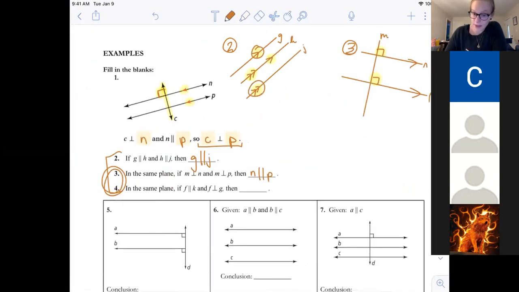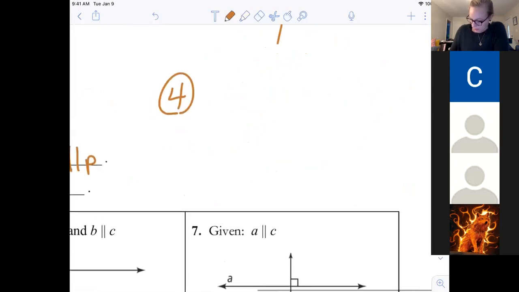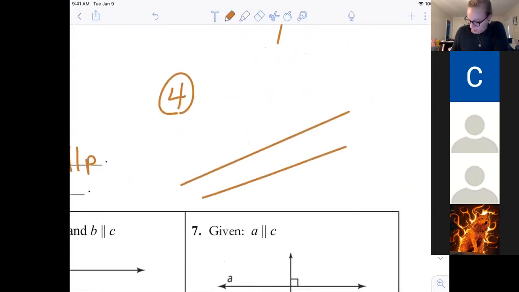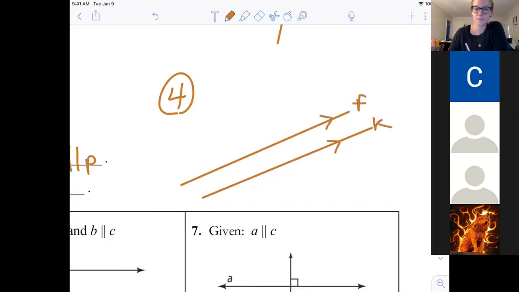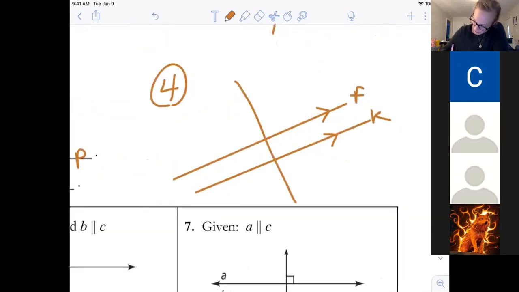And then the last one says F is parallel to K and F and G are perpendicular. So F and K are parallel, pretend that's parallel, and then G and F are perpendicular.